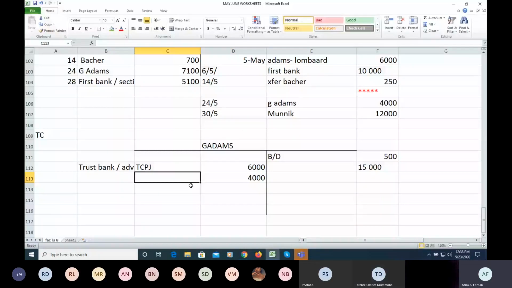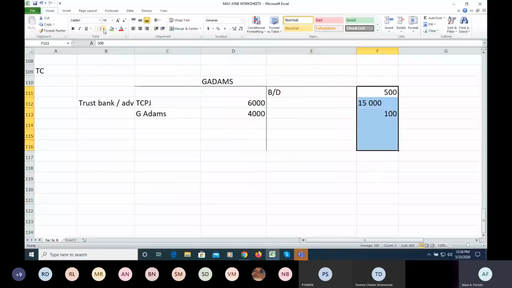And we know that there was 100 rand interest, from section 78. If we now tally it up, you're going to get 15,600 rand here and 15,600 rand here.